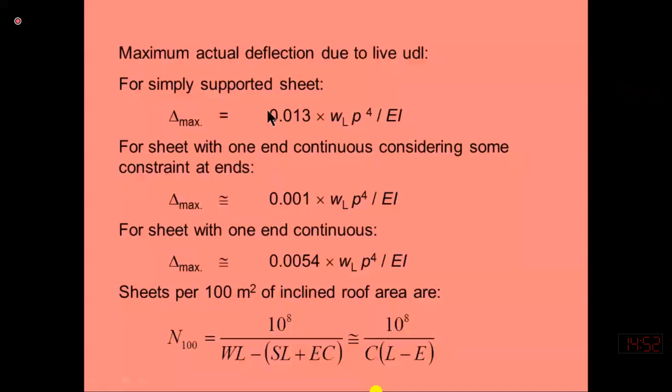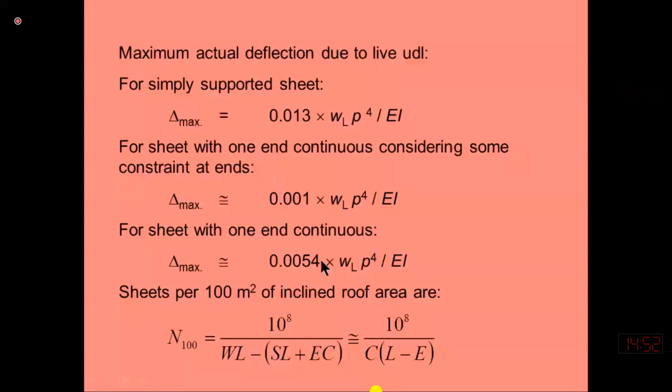For a sheet with one end continuous and the other end free, or a cantilever, deflection is computed by this formula. For a sheet with one end continuous, we have this formula. This formula I will discuss in the next slide.